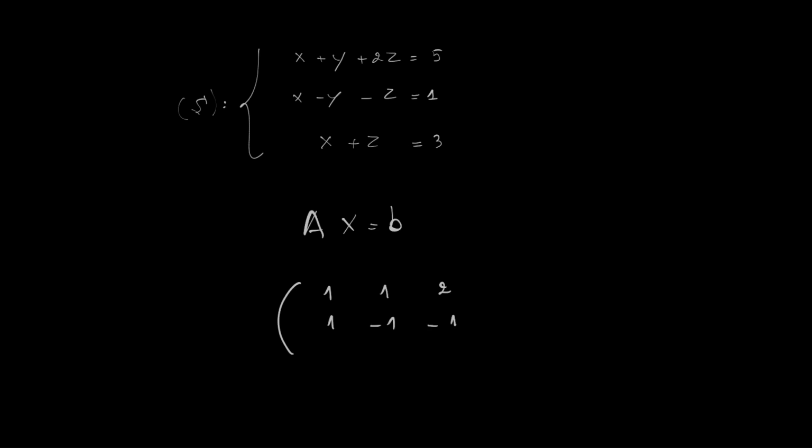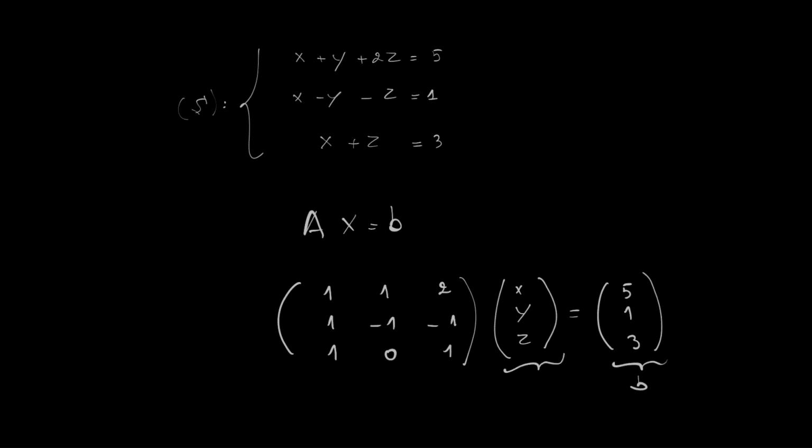Be careful with the third row since there is no y term, the coefficient is 0. We multiply this by our variable vector x and set it equal to our constants 5, 1, and 3. Here is b and the vector x and the matrix A.